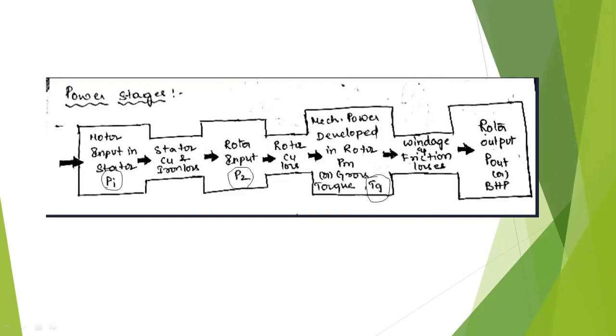Okay, so again from the gross torque, there are some windage and friction losses. You get windage due to the wind and the air, and friction losses due to the rotating parts. If you subtract those losses from the gross torque developed, you will get the final rotor output.